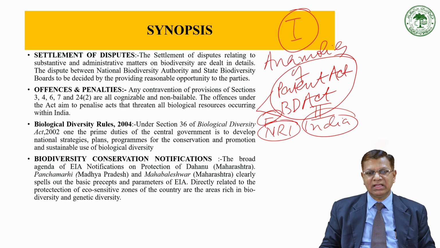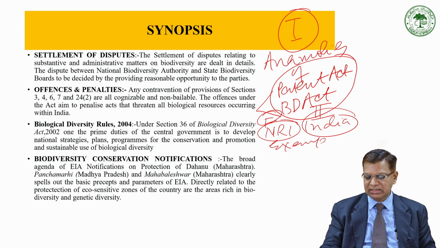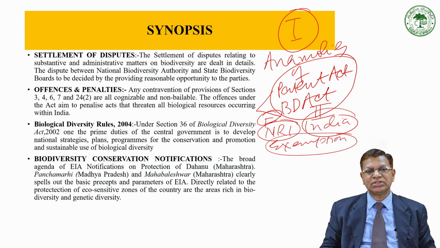What kind of exemptions are given and what are the limits has to be examined, because in the slides to follow we will see how, in the case of Divya Pharmacy versus Union of India, an Indian company wanted to seek an exemption from prior approval of the biodiversity board, had also failed to pay the required fee, and wanted to share its benefit with the biodiversity board.